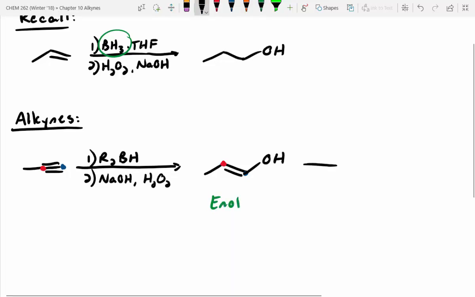And just like before, enols really don't like to stay as enols. They like to convert into a form where we have a carbon-oxygen double bond. So when we move this all around, the carbon backbone is going to stay as is, but we're going to have a double bond there, right? What's this new functional group that we made? Aldehyde.